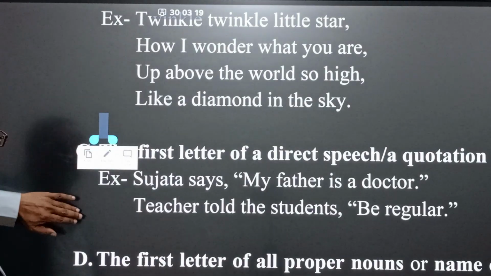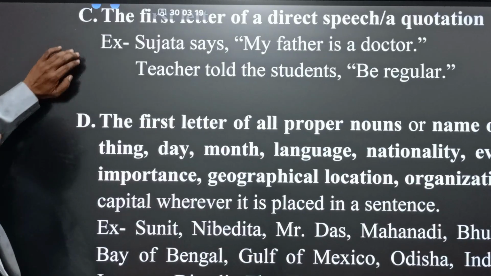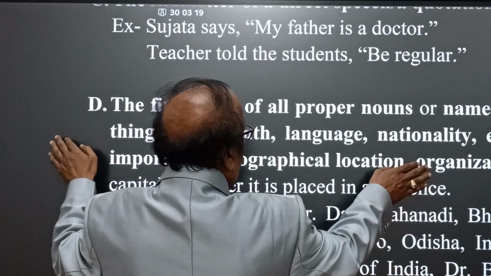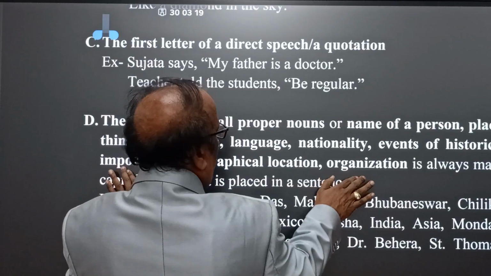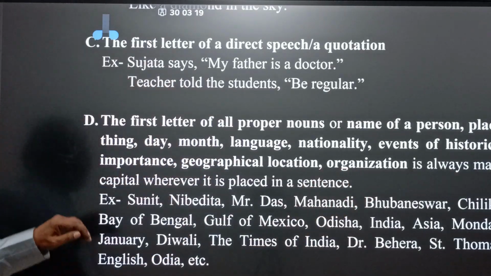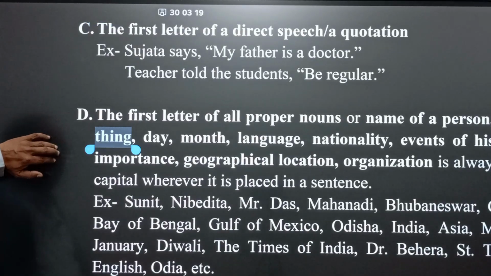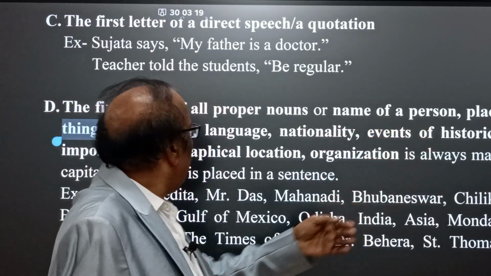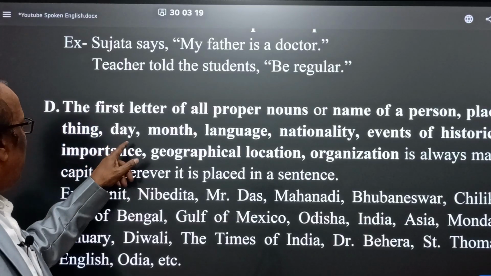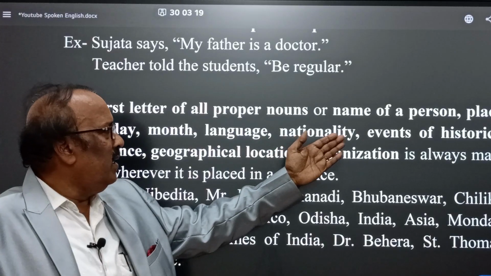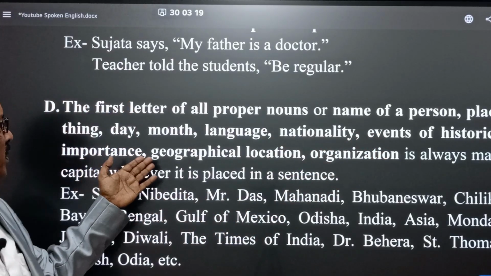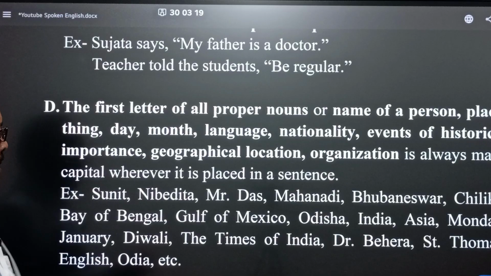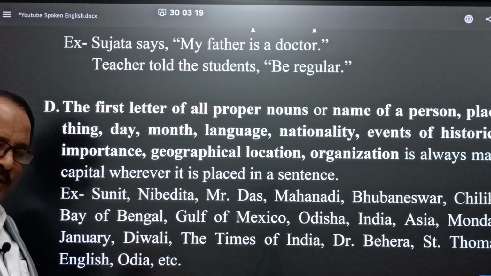Again, the first letter of all proper nouns, or names of persons, place, thing, day, month, language, nationality, events of historical importance, geographical location, organization is always made capital wherever it is placed in a sentence.